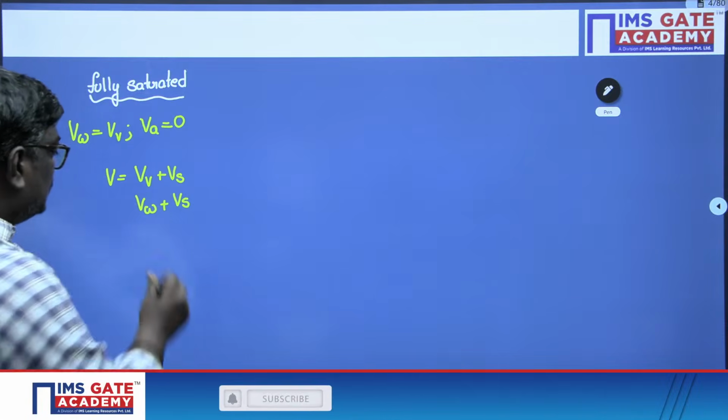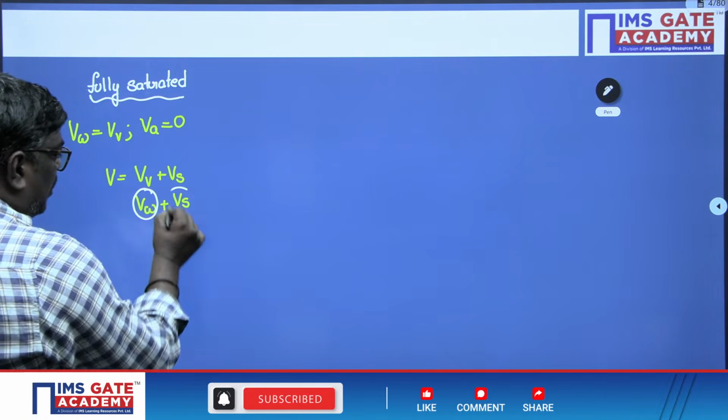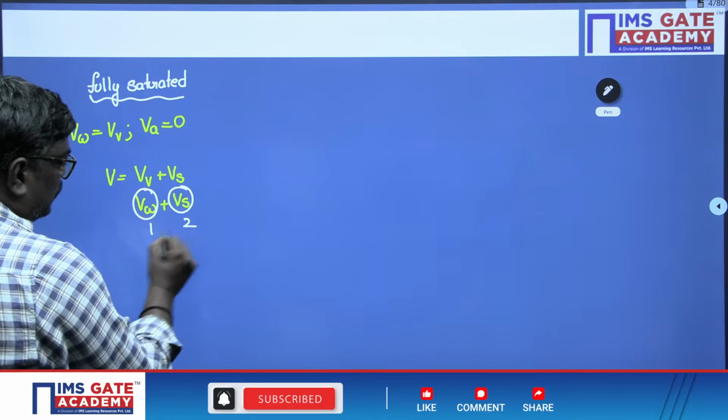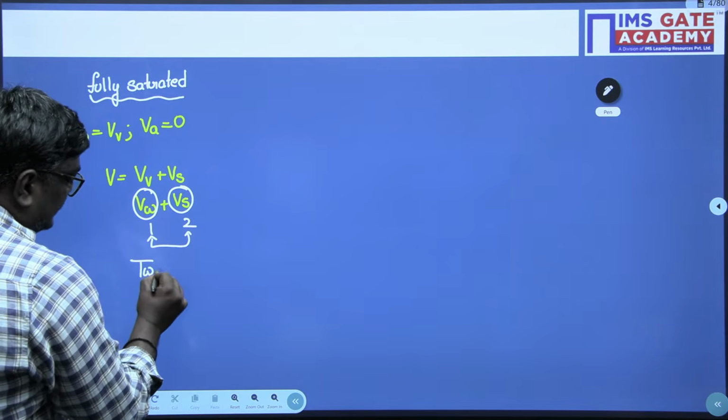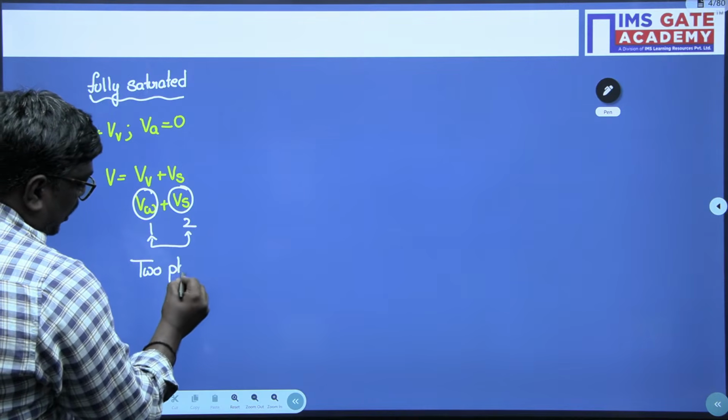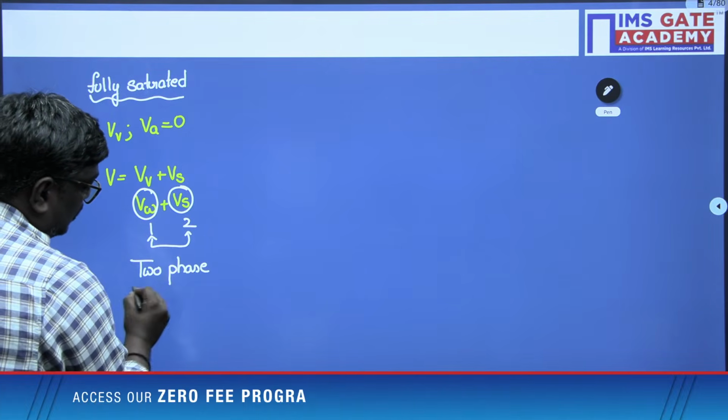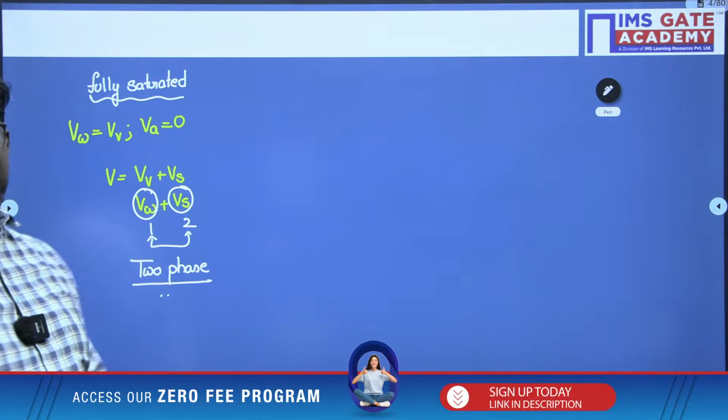So how many constituents are there? The volume of water and the volume of solids, so 1 and 2. Soil can be represented as a two-phase system.